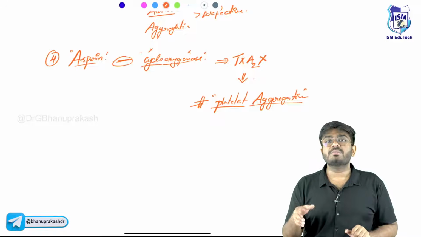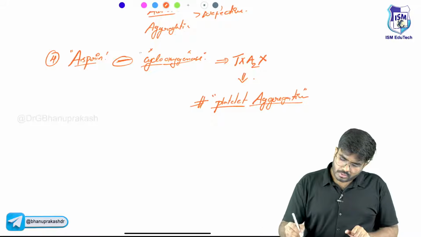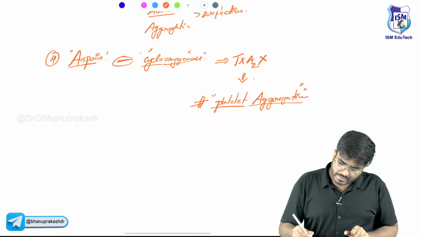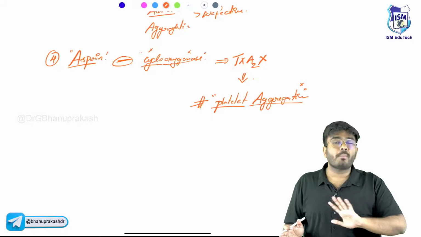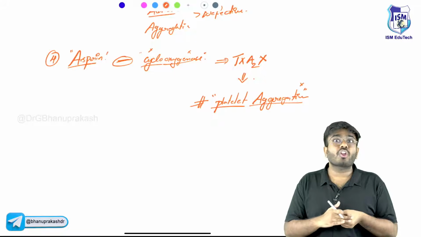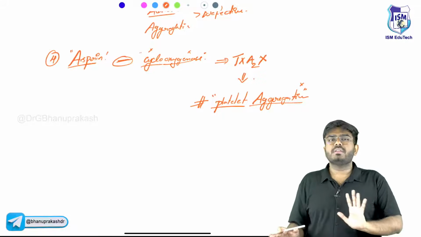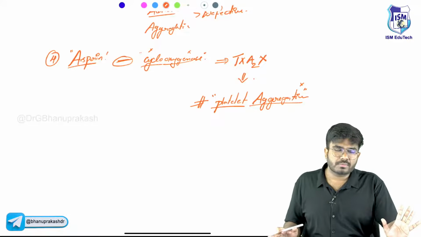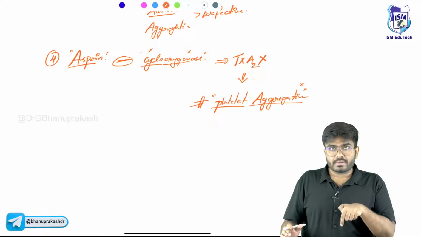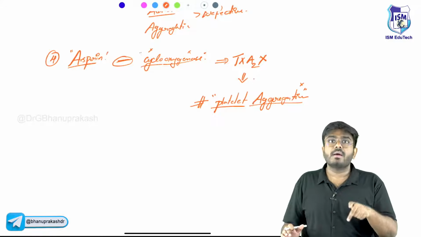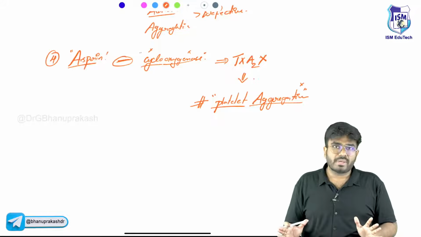Because aspirin inhibits platelet aggregation. Without platelet aggregation, no platelet plug, no thrombi. No thrombi means no clot, so the patient is not going to have myocardial infarction. Again, what I am trying to put into your mind is that platelet aggregation is not happening.